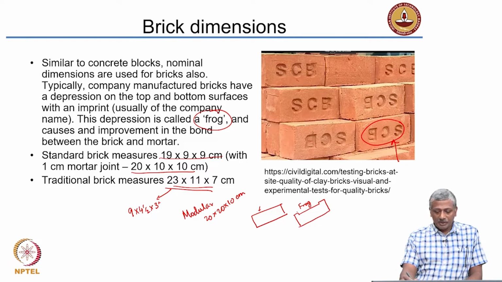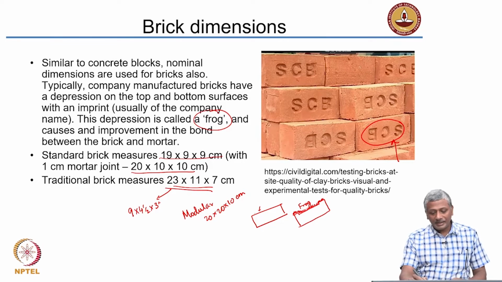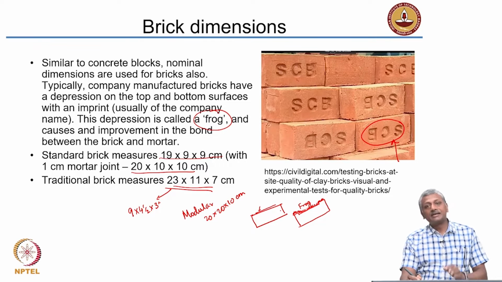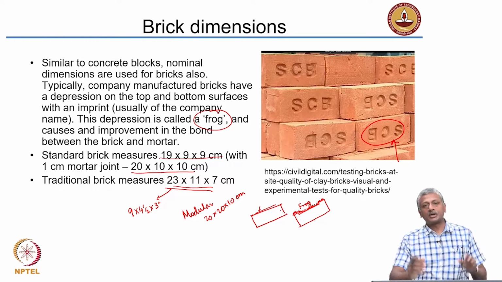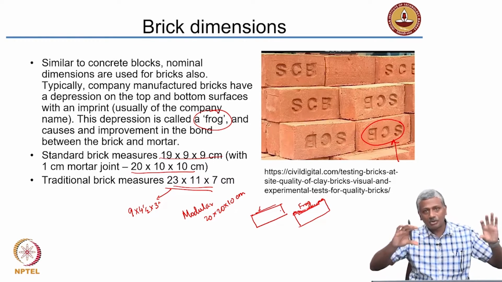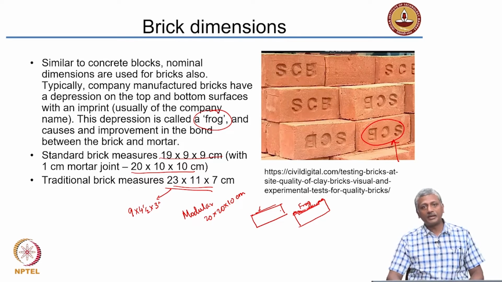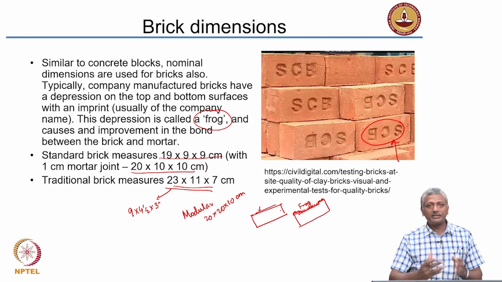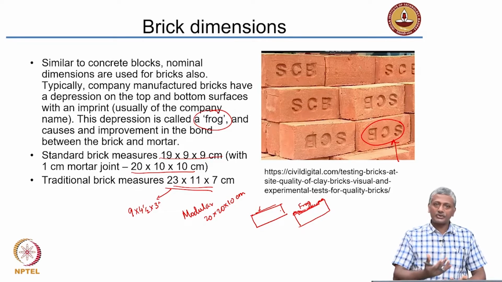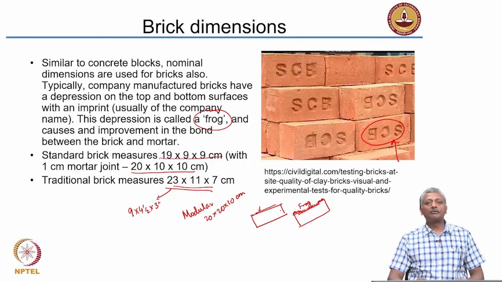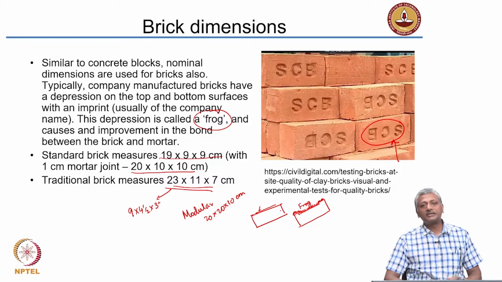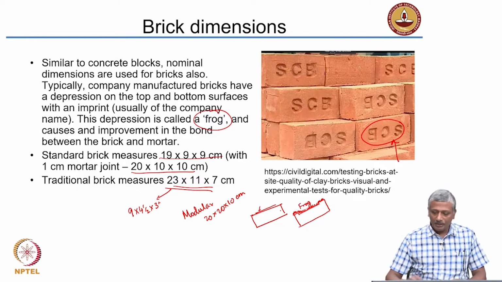Because of this frog, the surface area on the top for bonding with the mortar is more than in the flat case. The surface area for a flat case is lesser than for a case where you have a top depression. So, you have a greater amount of area for bonding with the mortar. That is why in most cases you will find the bricks having the frog, not just from the point of view of bonding, but also from the point of view of advertising the name of the company that has manufactured the brick. Alright.